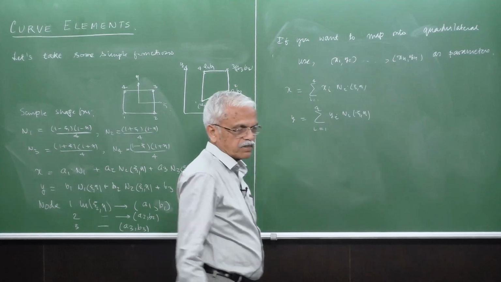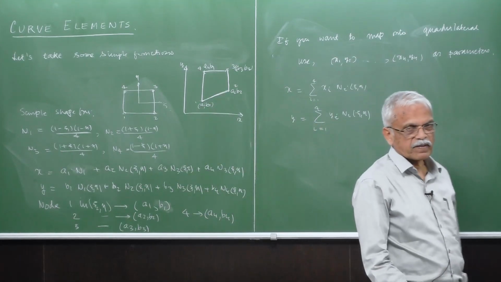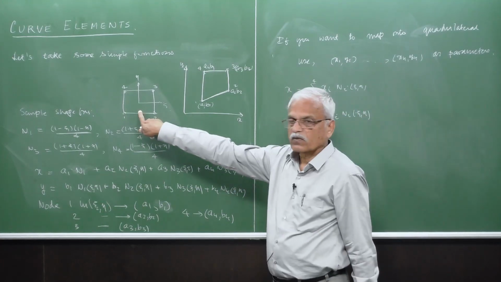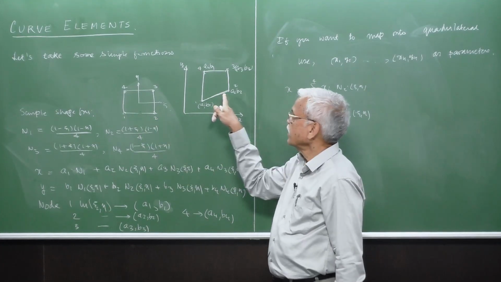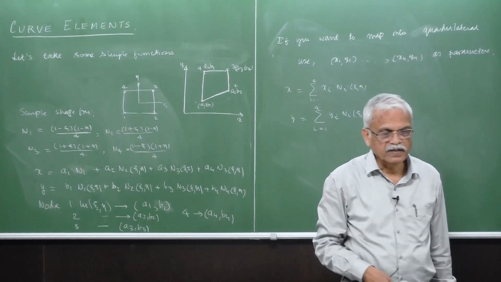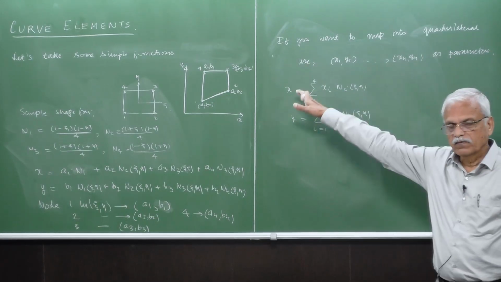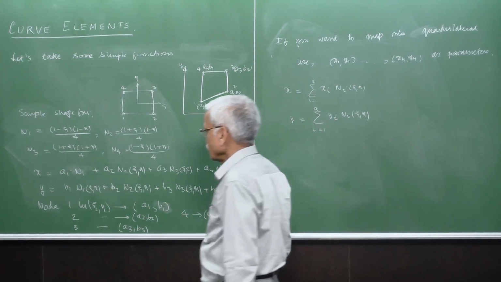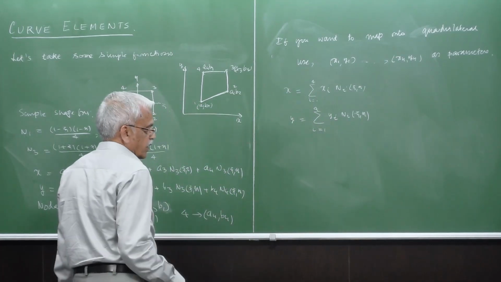So this is a very nice way of parametric mapping, where a simple square here in xi eta will map into the quadrilateral shape, a quadrilateral with vertices and straight sides. Okay, so this is a very interesting observation.